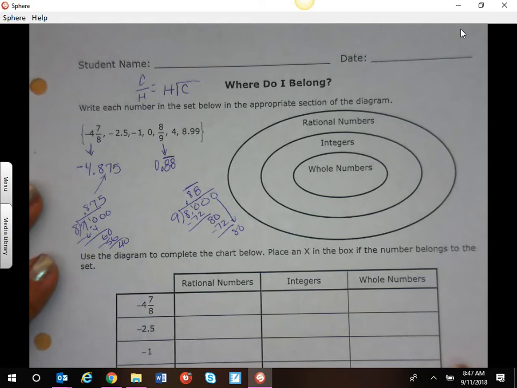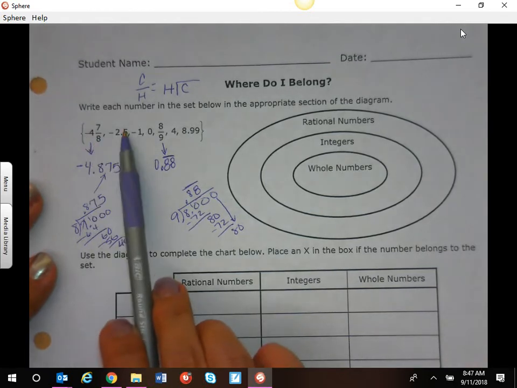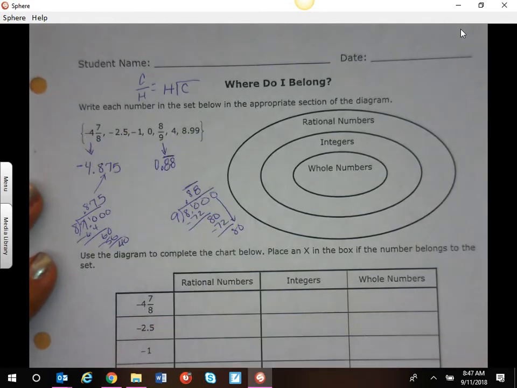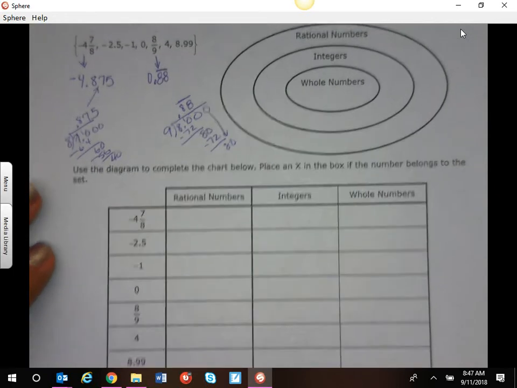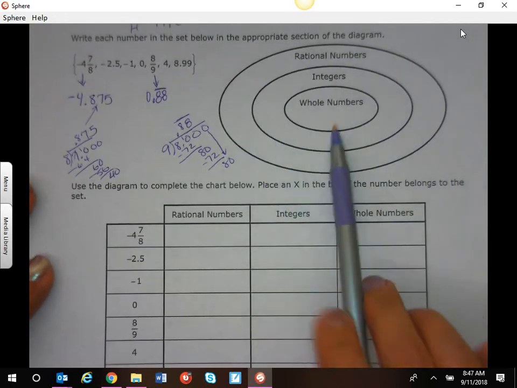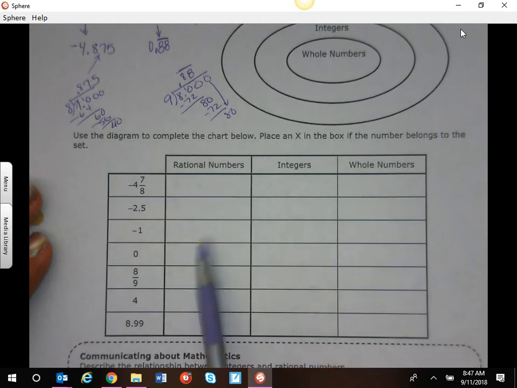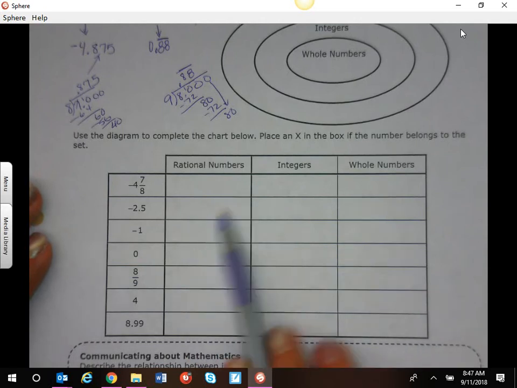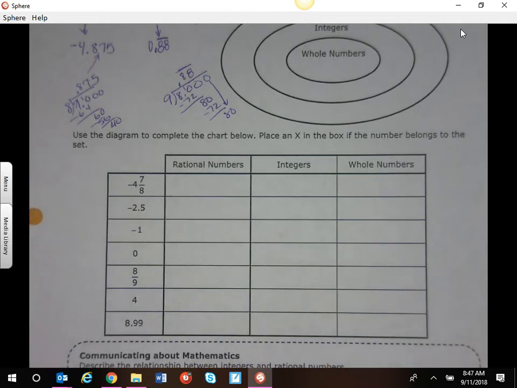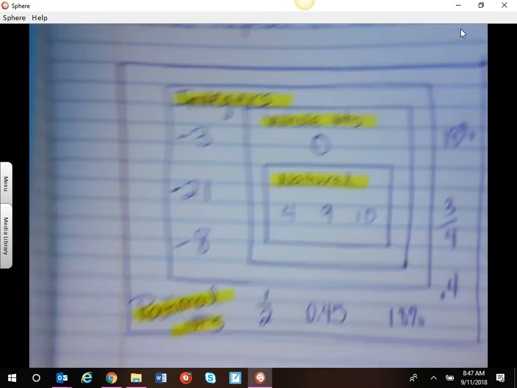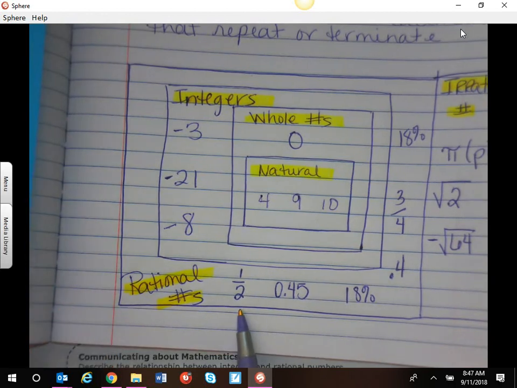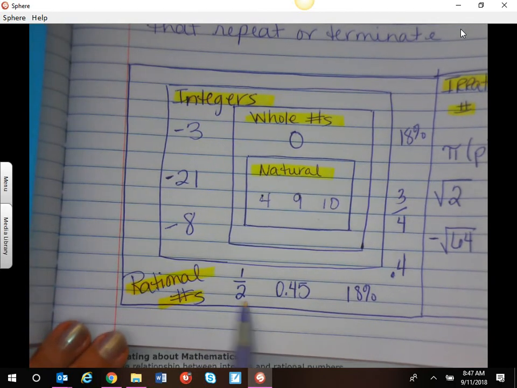So what you're going to do is look at these 1, 2, 3, 4, 5, 6, 7 different numbers, and it may be helpful for you to place them here, and then you can put an X in the box where they go. Now, some of these are going to only have one X. So, for example, if we have 1/2, it would only be a rational number.